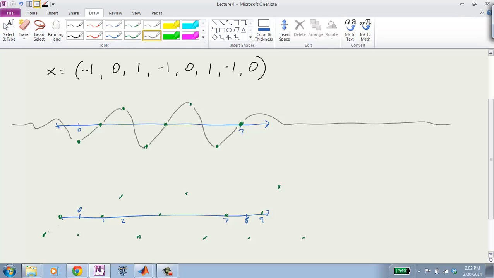Just so you can see that better, I'm going to just do this. Okay, this we call the periodic extension of a signal. That is, take what you have, this finite duration signal, and repeat it over and over.